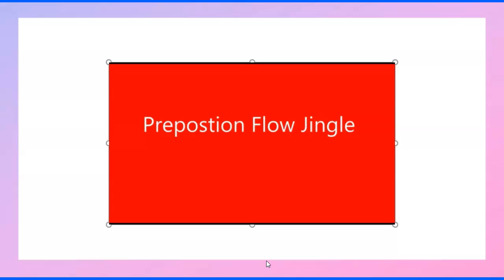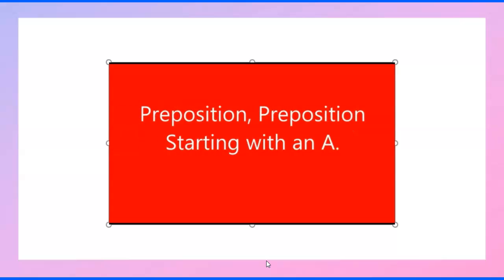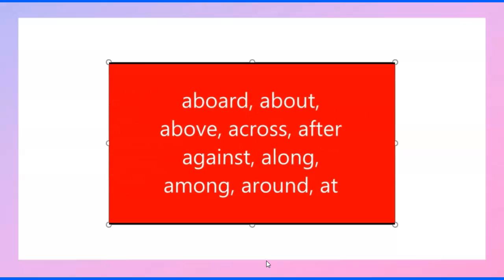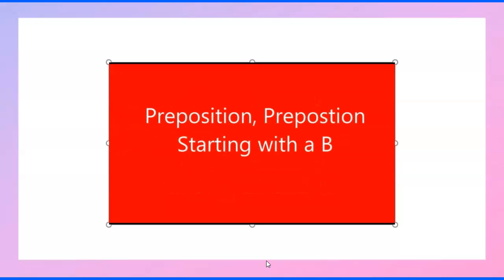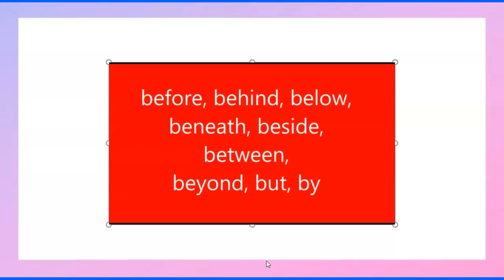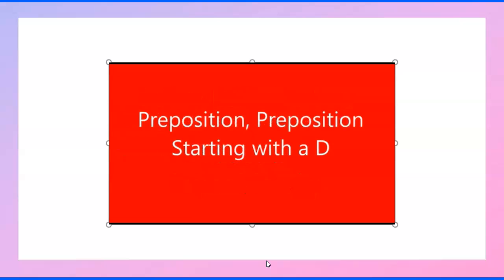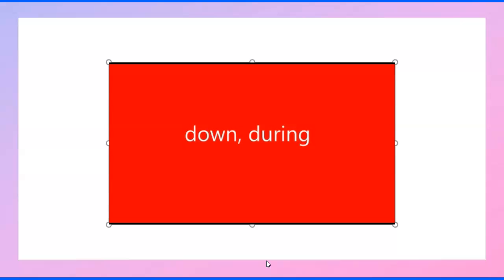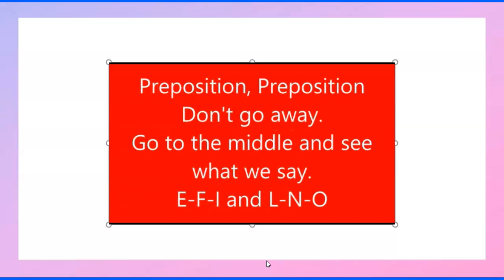The preposition flow. Preposition starting with an A: aboard, about, above, across, after, against, along, among, around, at. Preposition starting with a B: before, behind, below, beneath, beside, between, beyond, but, by. Preposition starting with a D: down, during. Preposition don't go away. Go to the middle and see what we say.